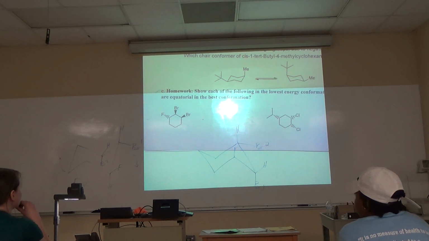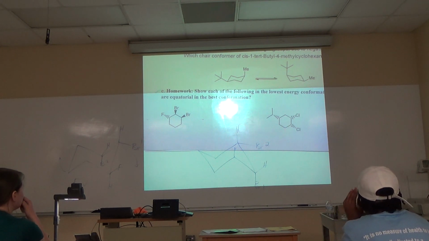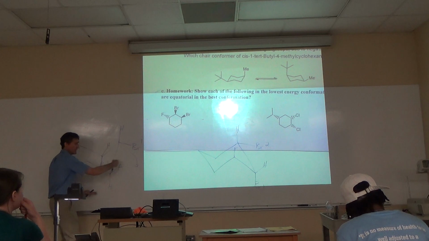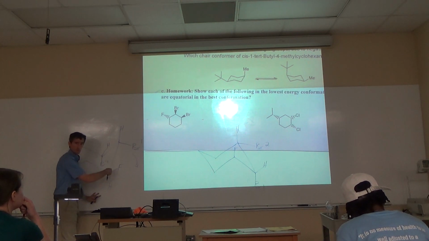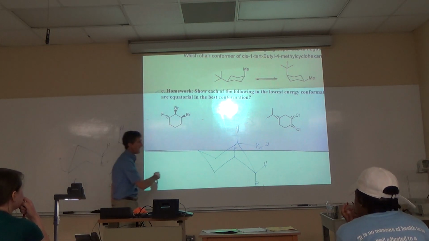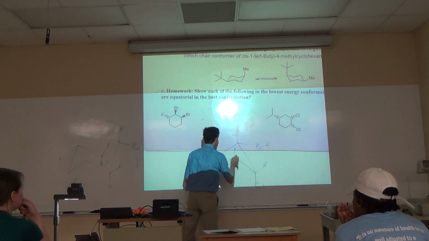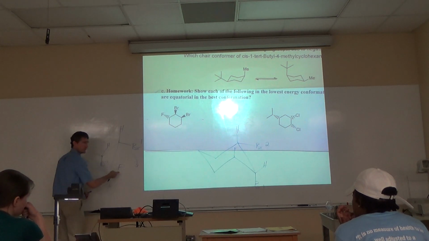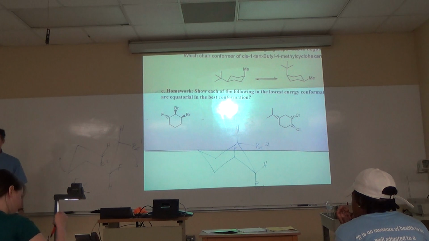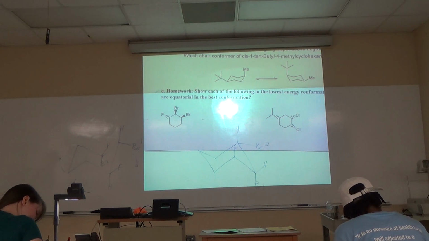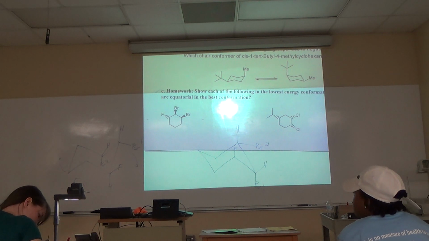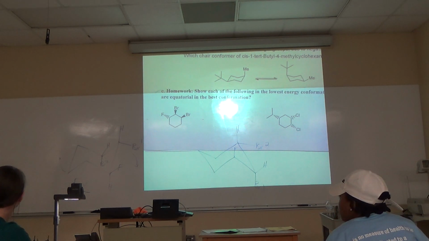What about the fluorine? At least over here, the fluorine is also equatorial. Would you rather have one bromine each way and the fluorine axial, or one bromine each way and the fluorine equatorial? That way. Here's one thing students often try to do here. I'm going to put both bromines equatorial.